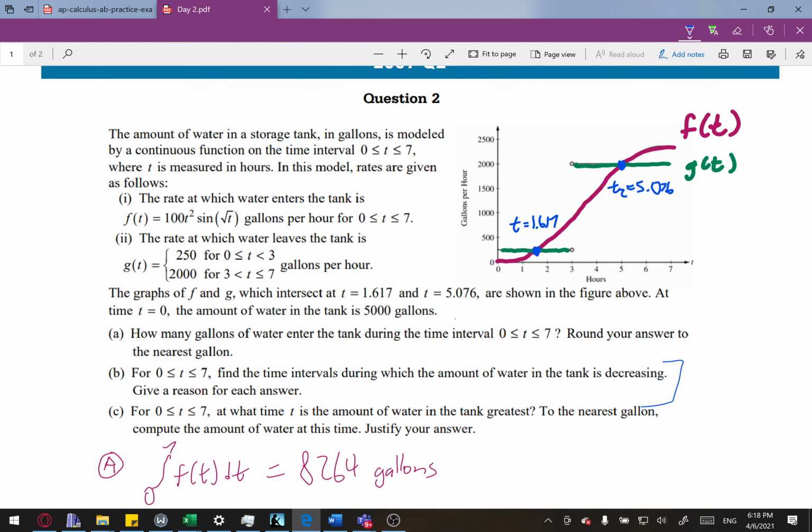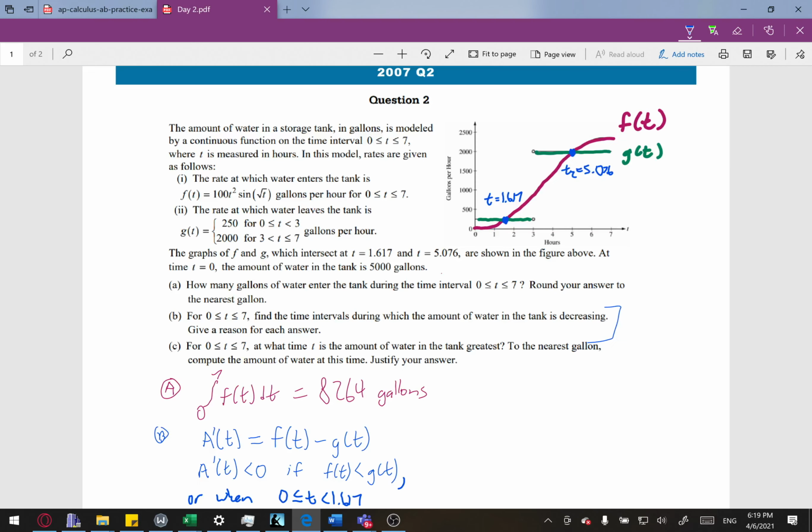From 0 to 1.617. Okay, and I'm including 0 there because 0 is included for f and for g, but not including 1.617 because they're equal at that point.